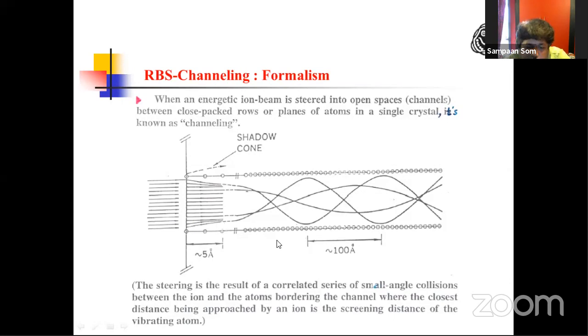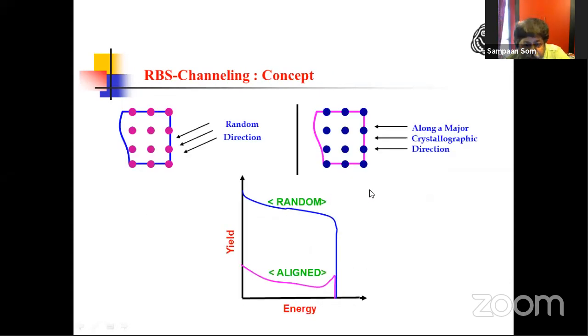Can you please go back to the previous slide? This is the reason you always see a small surface peak, even for a high quality crystal, when you have completely aligned the ion beam with its axial direction. This is the peak known as the surface peak in the magenta spectrum, and it arises because of the surface atoms.